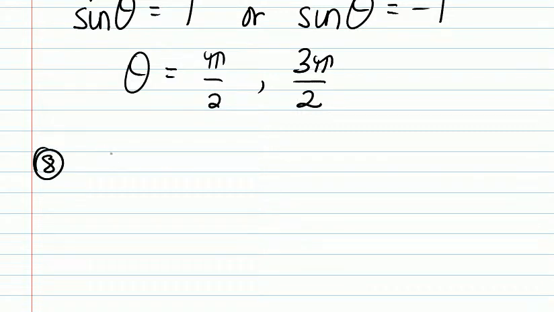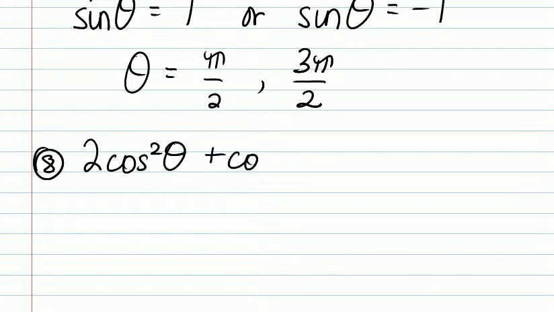2 cosine squared theta plus the cosine of theta minus 1 equals 0. I think it's easier to notice the factoring if you get rid of the cosine and the cosine squared and put a variable there instead. So we're going to use u because that is the normal thing to do.